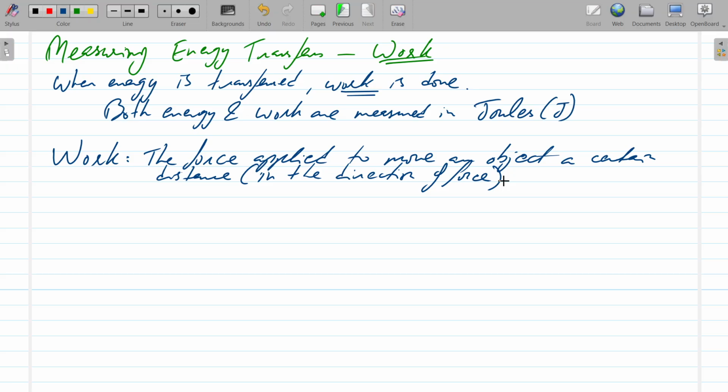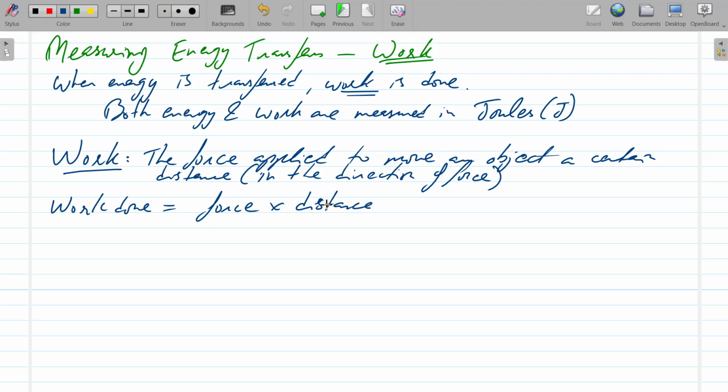And so how do we calculate work? Work done equals force multiplied by the distance moved in the direction of the force. Right?